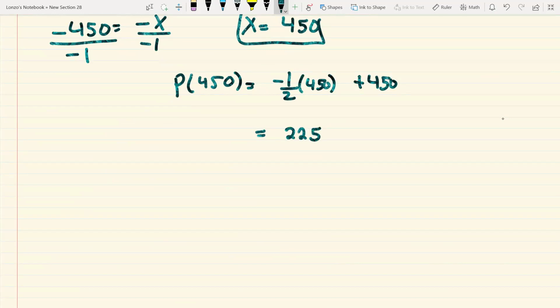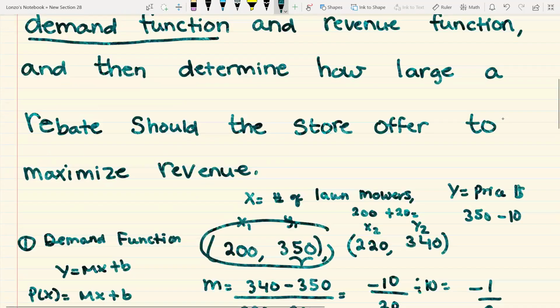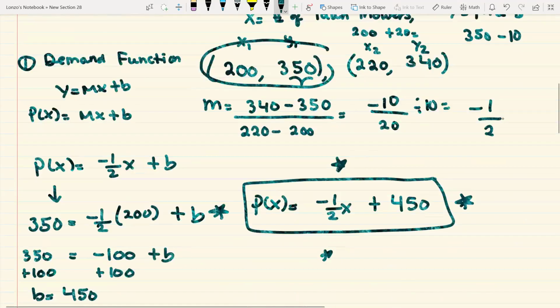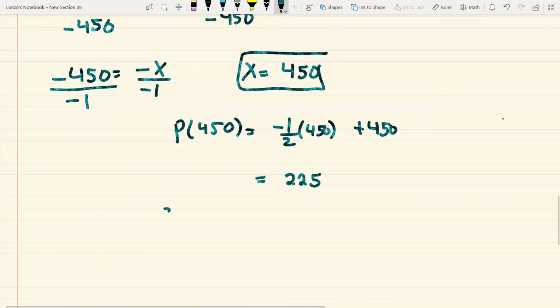So, wait, that's not our answer. They're asking to determine how large a rebate should the store offer to maximize revenue. So you're going to subtract from 350, because a store sells 200 lawnmowers a month at 350 each. So you subtract 350 minus this amount, 225, and that gives you a rebate of 125.